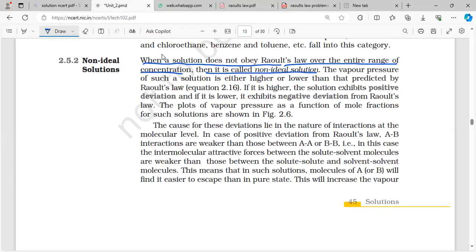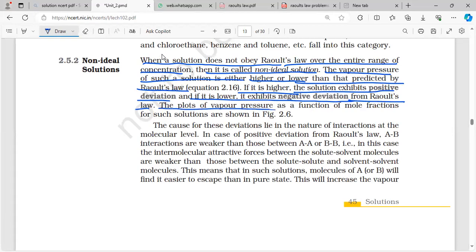The vapor pressure of such a solution is either higher or lower than predicted by Raoult's law. If it is higher, the solution exhibits positive deviation, and if it is lower, it exhibits negative deviation from Raoult's law. The plot of vapor pressure as a function of mole fraction for each component is shown in figure 2.6.